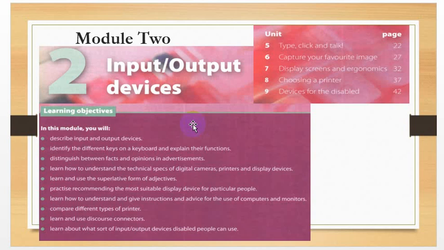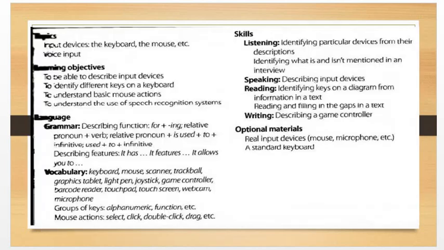Learn how to understand and give instructions and advice for the use of computers and monitors. Compare different types of printers. Learn and use discourse connectors. Learn about what sort of input and output devices disabled people, or handicapped people, can use.